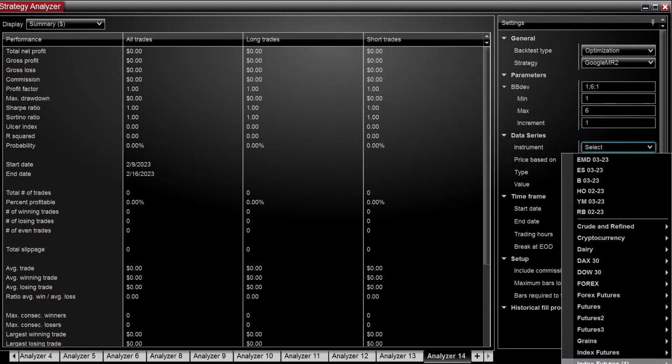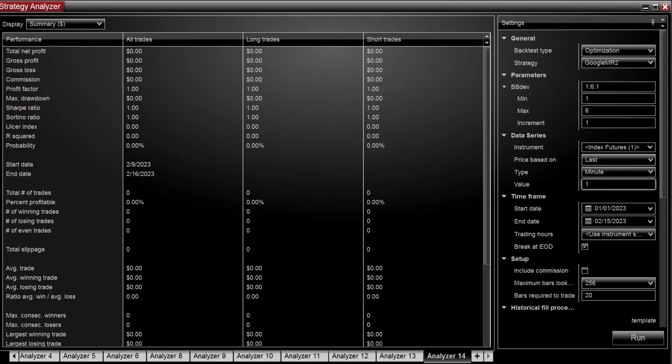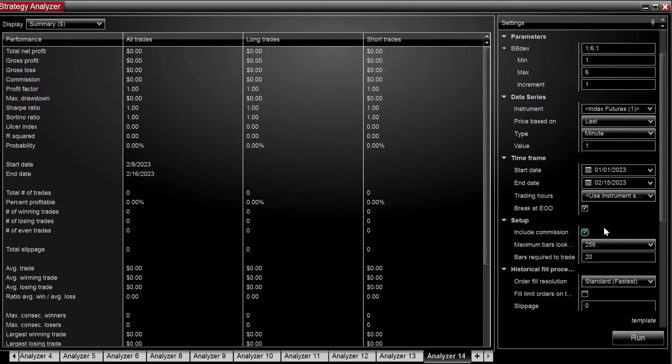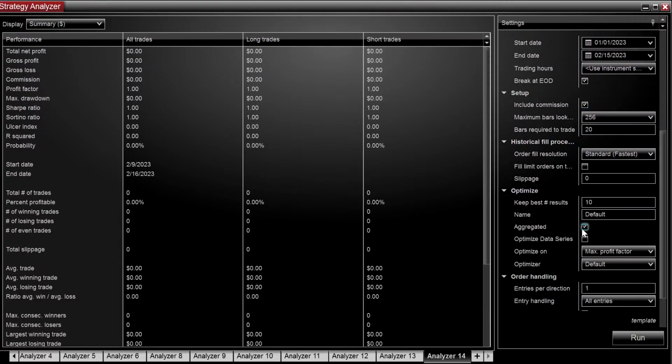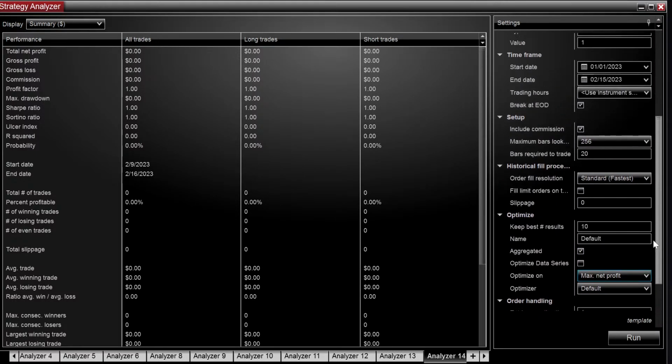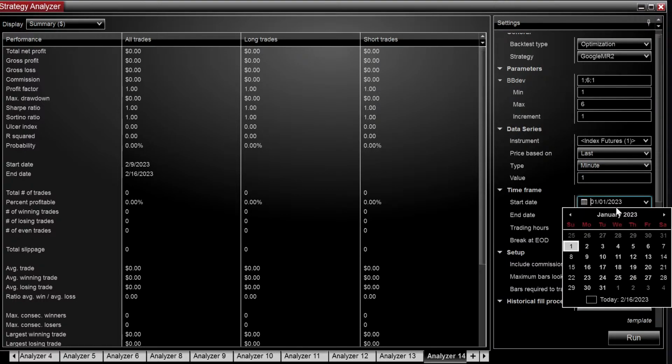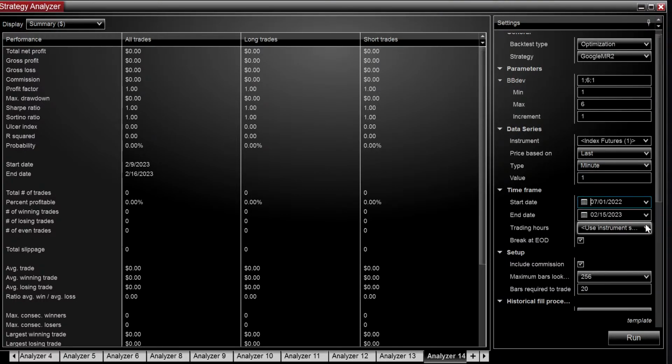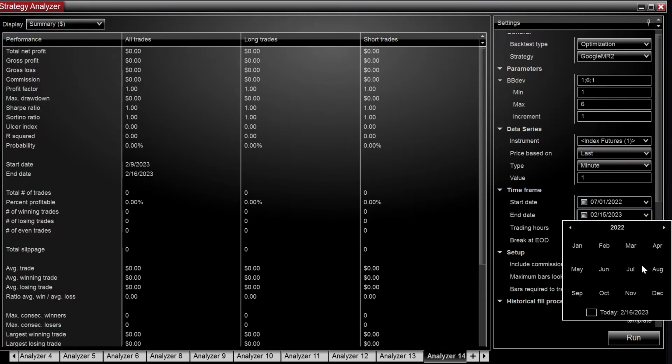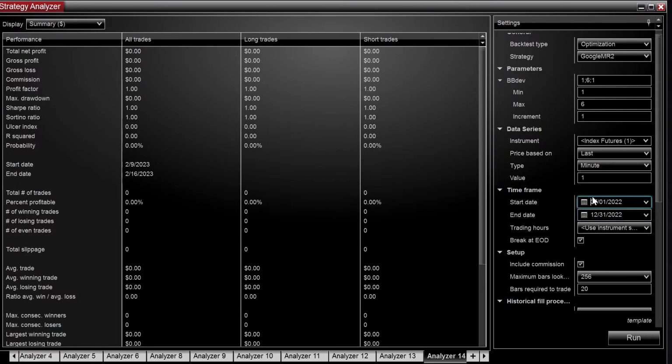Let's do our index baskets, include commission, aggregate, max net profit. And let's just do last 2 quarters of 2022. Let's just start off on the 4 hour.